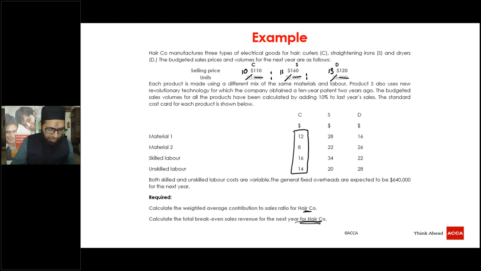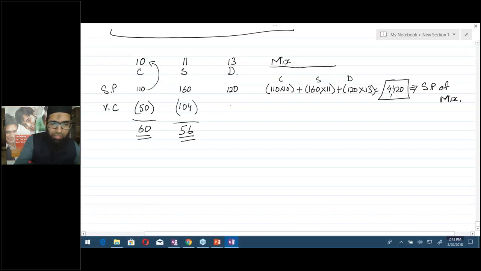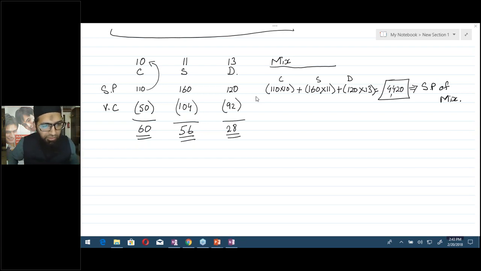So it is 92. That means the contribution per unit is 28. Yes, Salman Shahid, Salman Abudar, Abid Shah, they have all answered correctly.